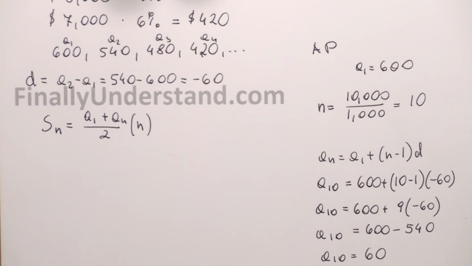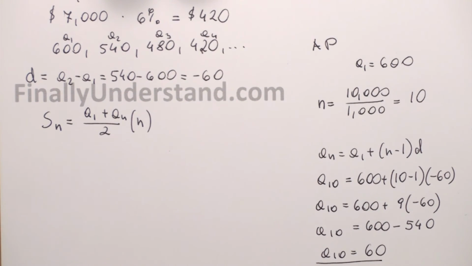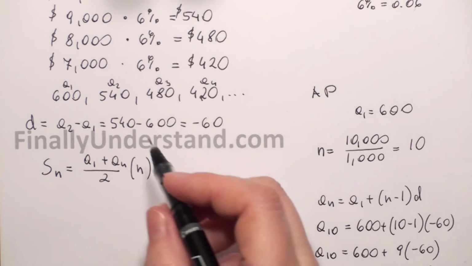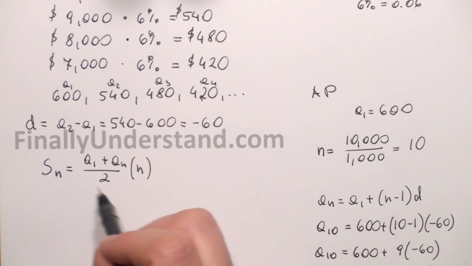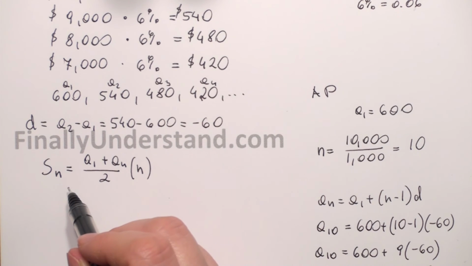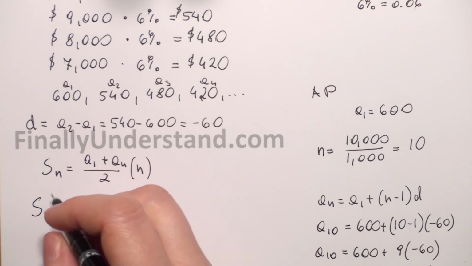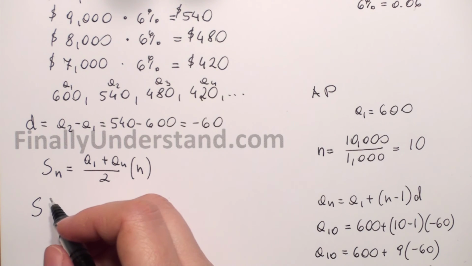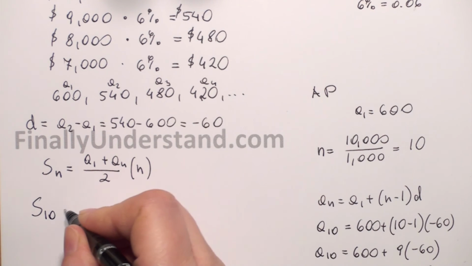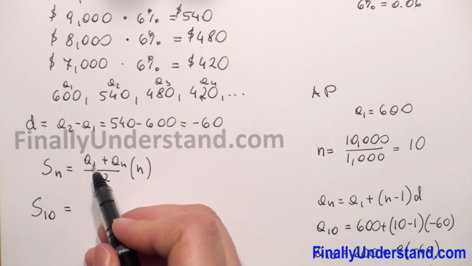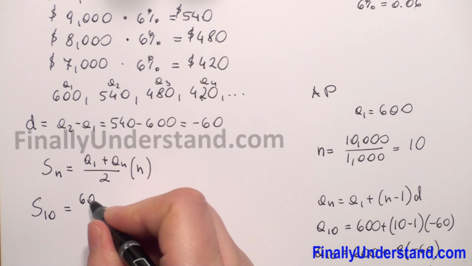So now we can come back, when we have the last term of interest, to formula of our sum of interest she has to pay. As we calculate that she has to pay $1,000 10 times, so n is equal 10, the first term of interest is $600.